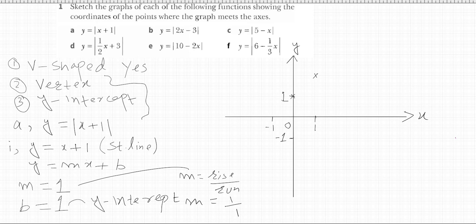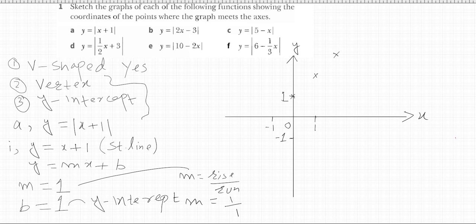Similarly, move again. Now make this point the reference point, go up 1, which is 2 squares, and to the right again 1, and so on.